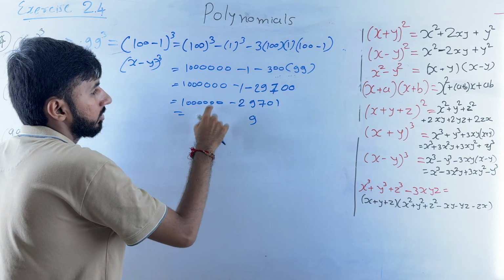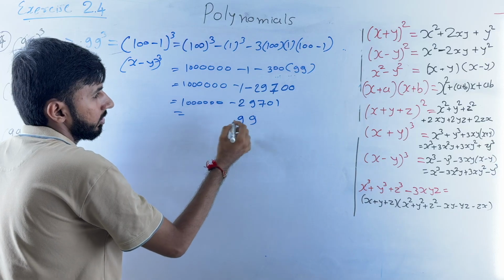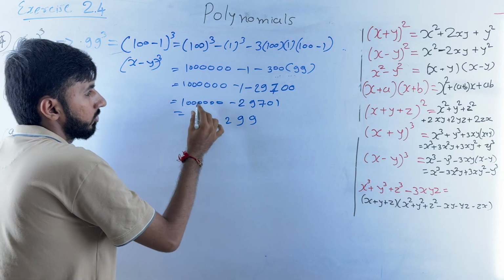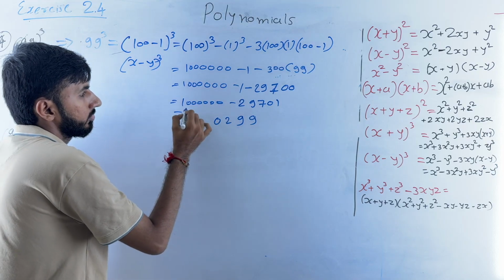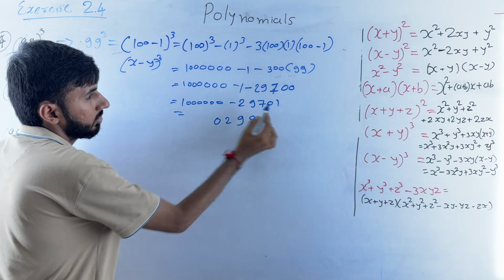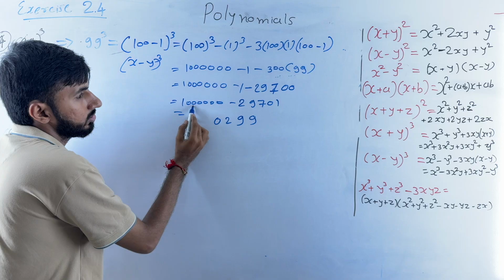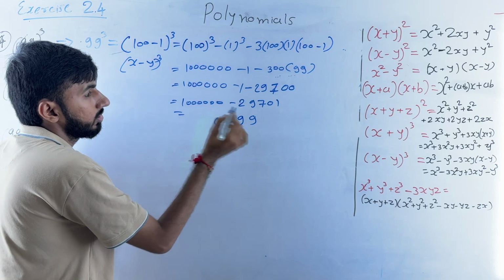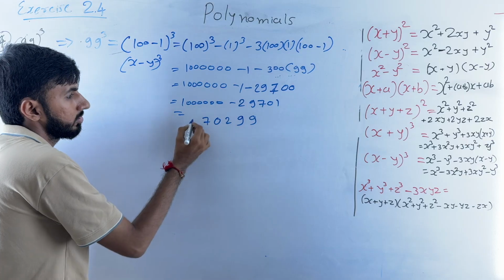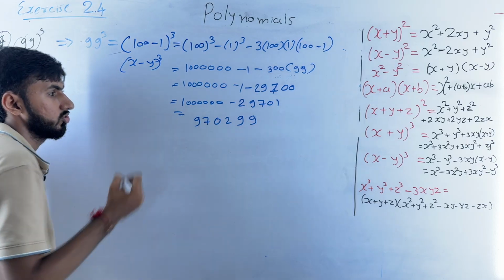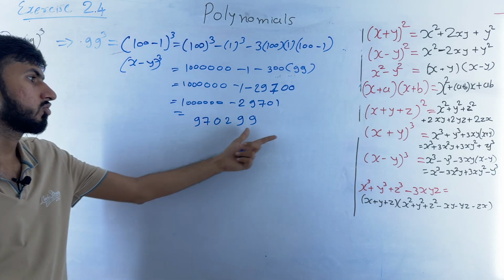Yes, 9. Then again 9. Then again I have 9 minus 7, that is 2. Then 9 minus 9, that is 0. Then for this 9 minus 2, what is 9 minus 2? That is 7 again. Then here I have 9 minus 0, that is 9 and 0, right? So my answer will be 970,299.